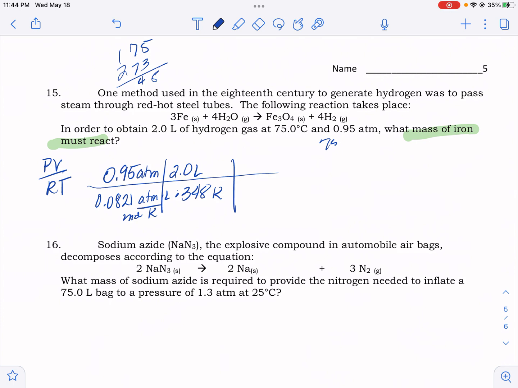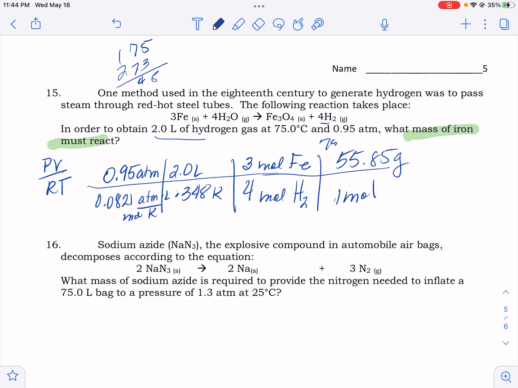We are solving for iron, so that's our unknown. And we started with hydrogen gas, so that's our known. So now we're in moles of iron. We want to change to grams, 55.85 grams in 1 mole. Okay, and that's what you do.